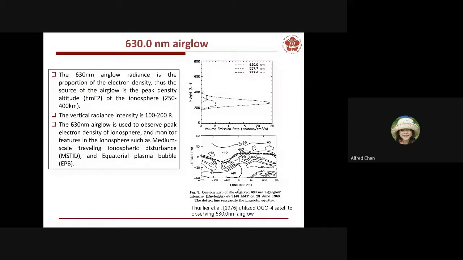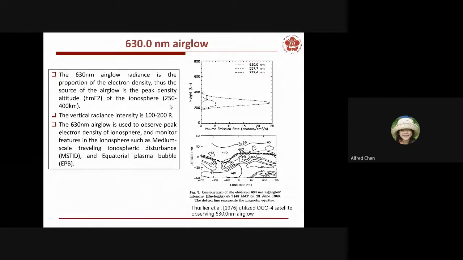And the airglow is one of the topics, especially 630 nanometers, because the 630 nanometer airglow radiance is proportional to the electron density. The peak of the electron source is located in the ionosphere, about 250 to 400 kilometers.